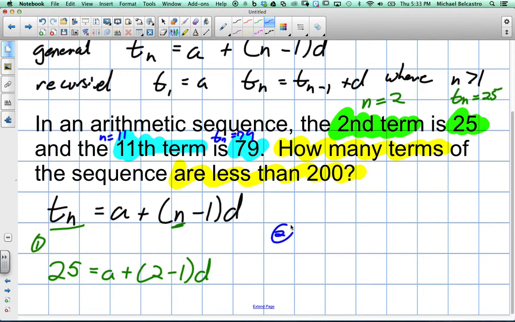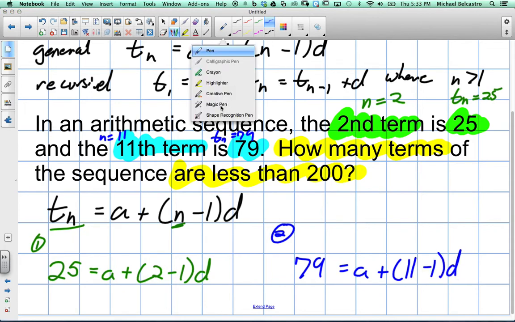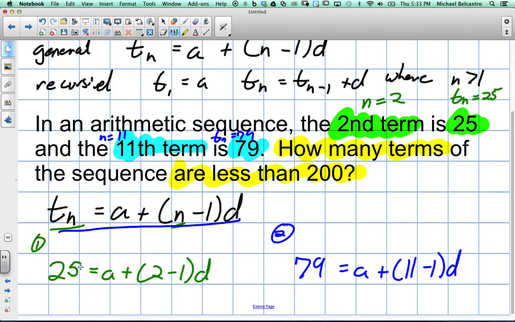So our second formula here, 79 is equal to A, still unknown, plus 11 minus 1 times D. If you notice, I've rewritten the same formula, but with a different value for Tn and n in the first one and in the second one. That's where we got our information from. We need to solve for A and D.